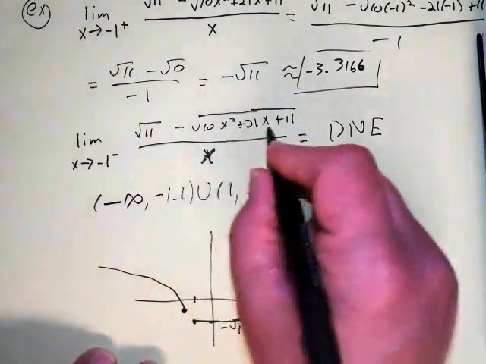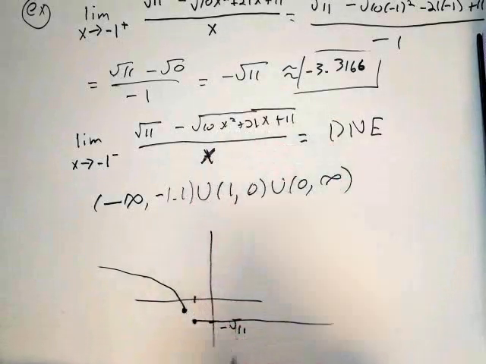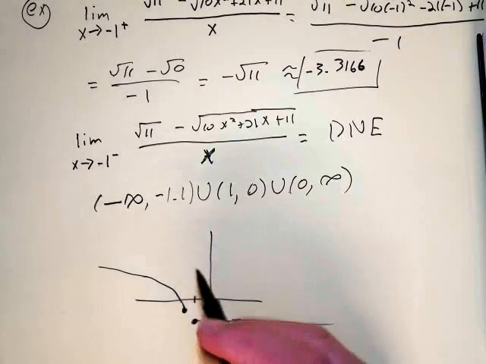Between there, the quadratic is negative, and so it can't be defined. So it has the one-sided limit, but it doesn't have the two-sided limit.